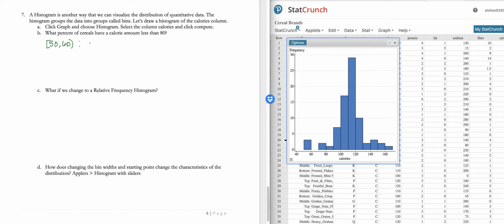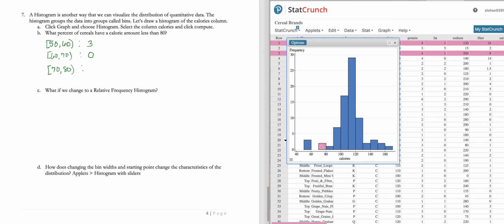That has a count of 3. 60 to 70 is no data, but let me just put it there so we're keeping track of everything that's going on, making sure everybody's following. And then from 70 to 80, we have, let's see, what is that? 2 pieces of data.